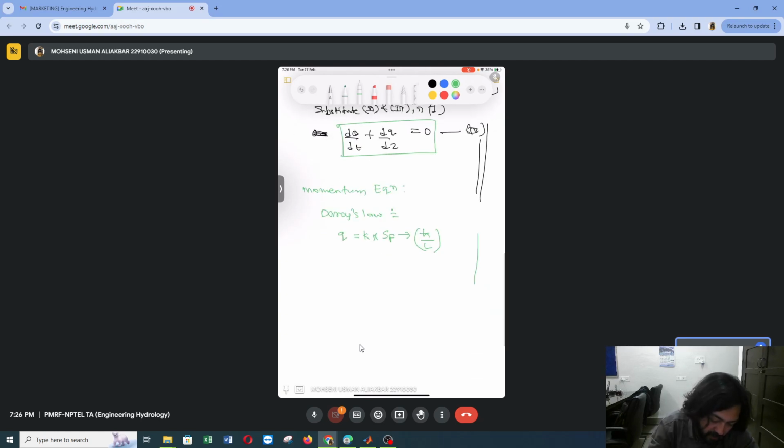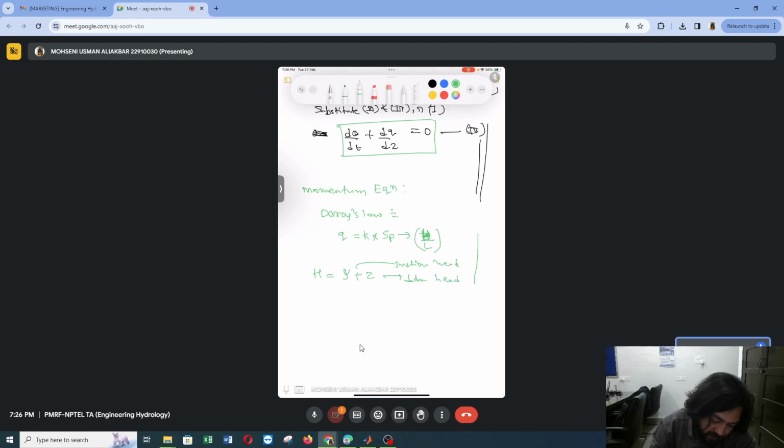This is nothing but head loss. And in the previous class we learned about the total head, which is equal to the summation of psi plus z, where psi stands for suction head and z stands for datum head, right?